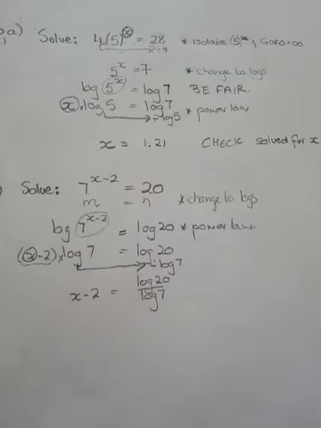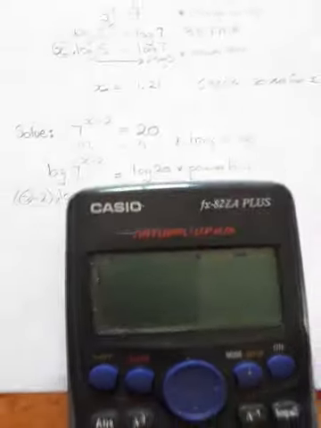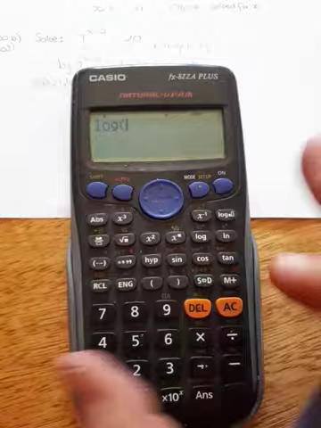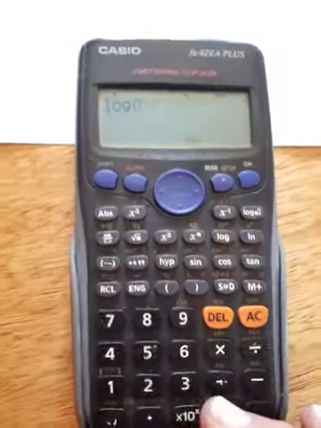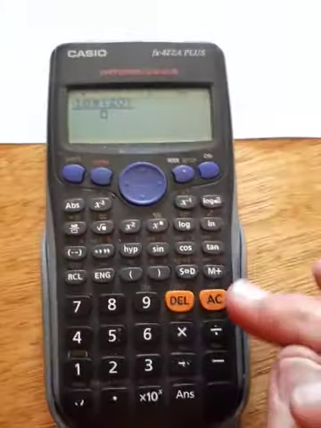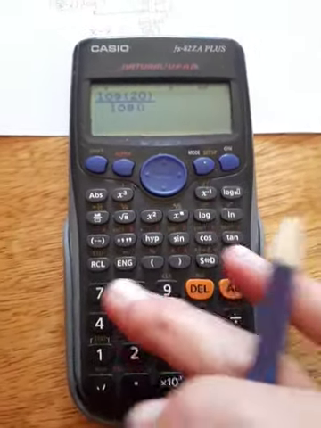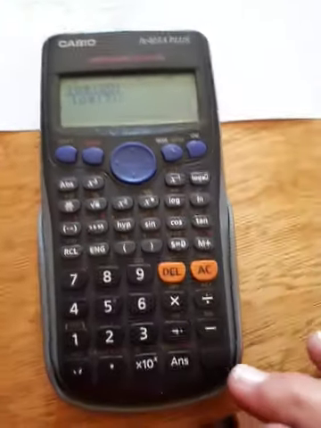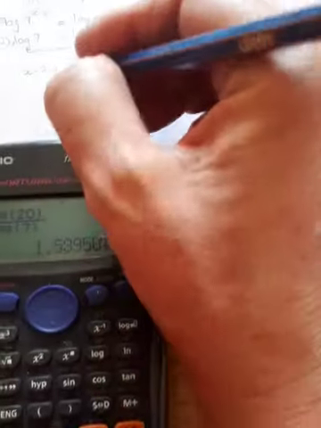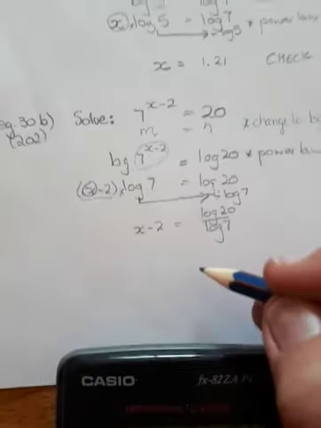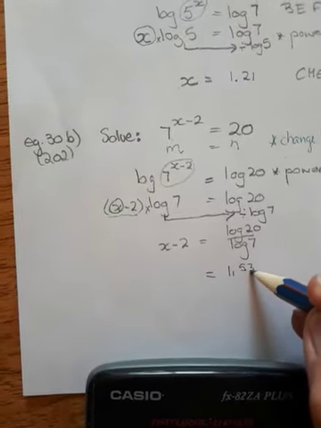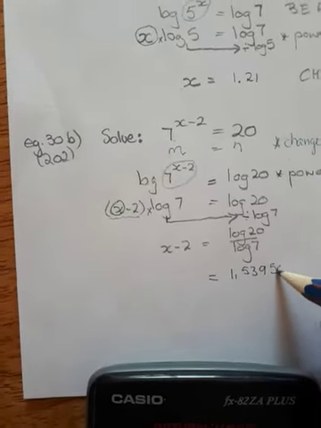And you can place this into your calculator. Let me just quickly show you. Log of 20, close the bracket, I like to close the bracket, divide by the log of 7, close the bracket, equals 1.5395.